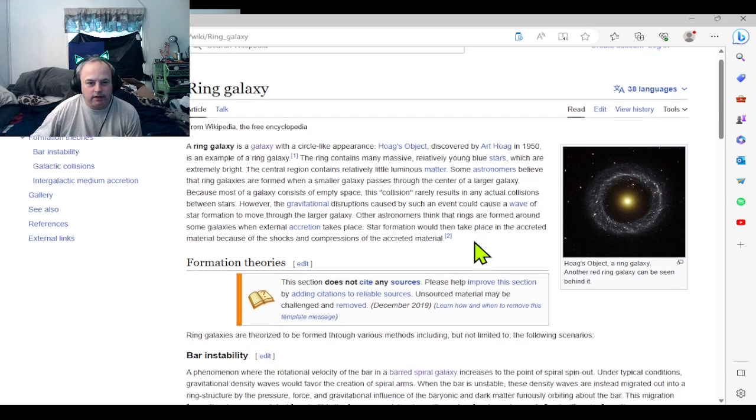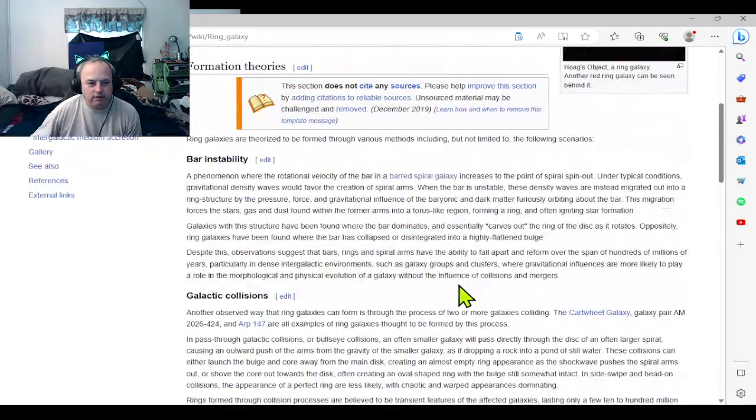That's that. A ring. A phenomenon: rotational velocity increases the point of spiral spin out, and under typical gravitational density waves would favor the creation of an arm. When the bar is unstable, waves are instead migrated out into a ring structure by the pressure, force, and gravitational influence of the baryonic and dark matter furiously orbiting about the bar.